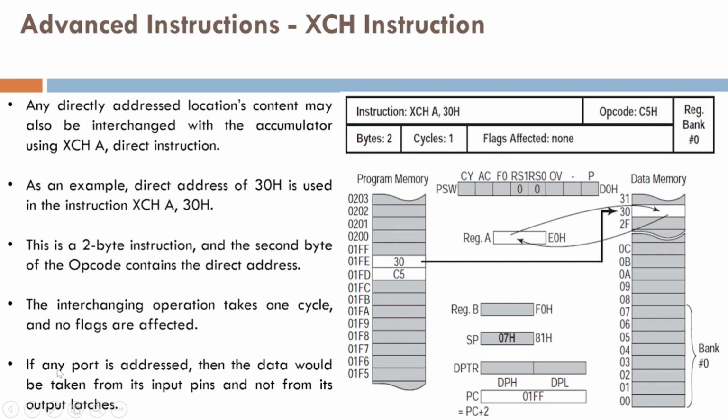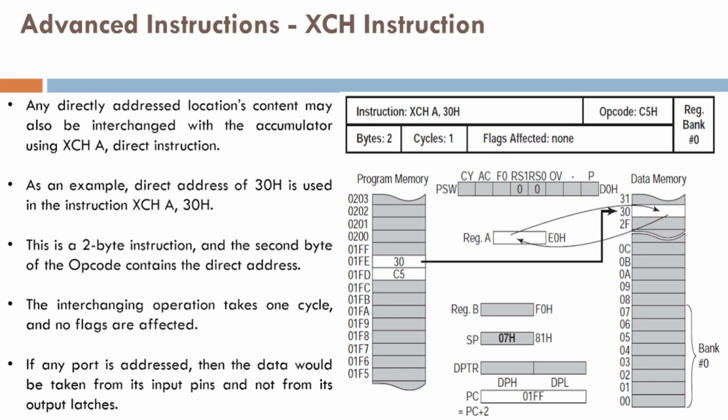If any port is addressed, then the data would be taken from its input pins and not from its output latches. You'll have to remember, if any port is addressed, then that particular data will be taken from the input pins, when the ports are acting as input.